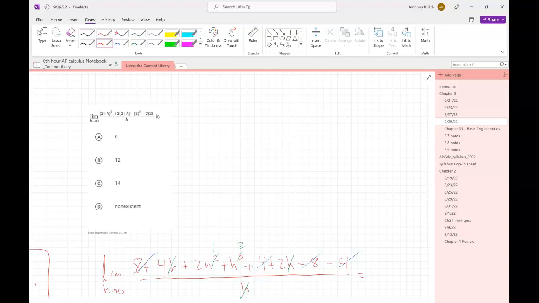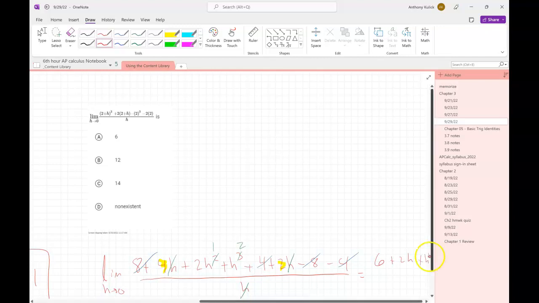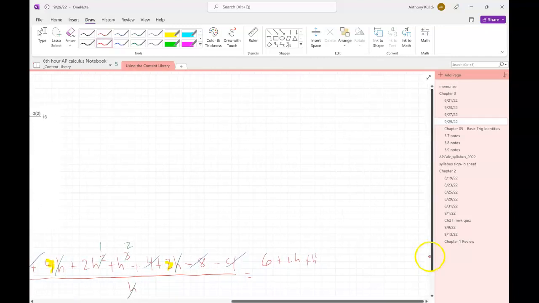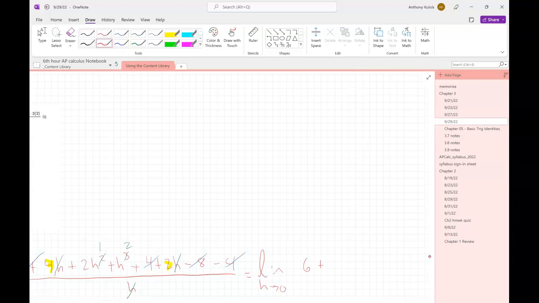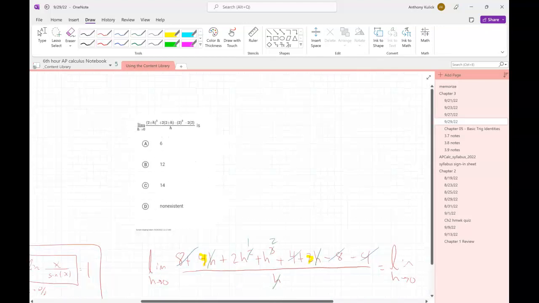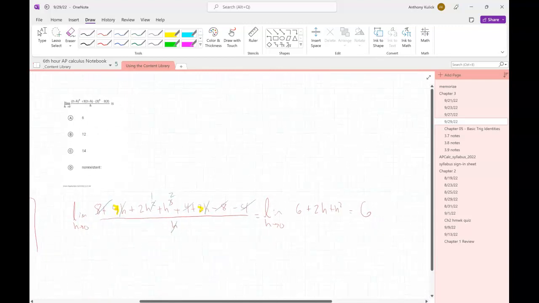So I'm going to have 4 plus 2, so that's 6, and then I have a plus 2h and an h squared. Oops, forgot my limit. And so that just turns into 6 when I do my direct substitution. That looks like what I would pick.